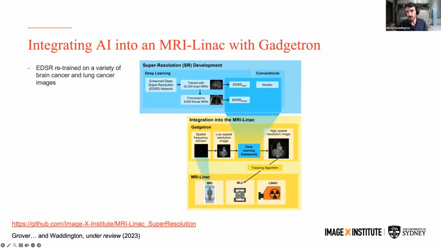We installed the Gadgetron on the computer. The MRI scanner acquires at low resolution. The EDSR in the Gadgetron then upsamples that to really high resolution. And then the tracking algorithm feeds information back to the beam shaping device to track the tumor.